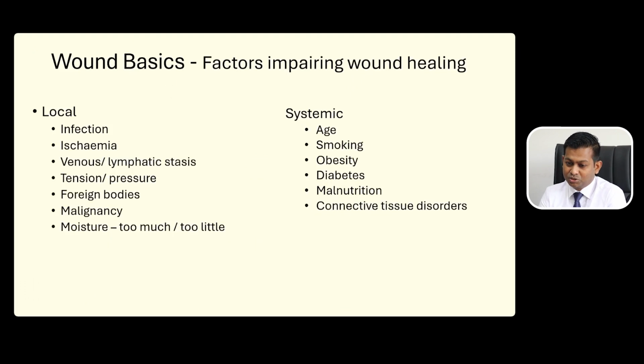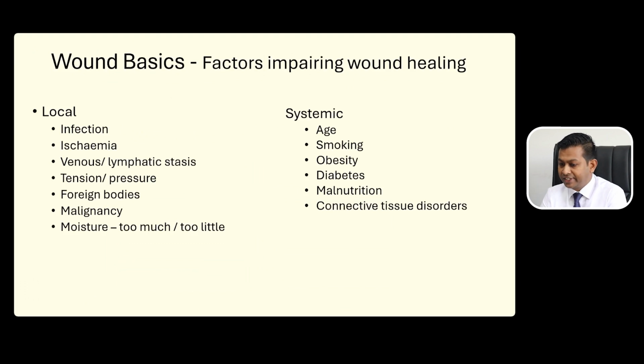Okay, so this is why we are here. If everything goes perfectly, if the wounds heal perfectly, there's no need to bother about the wounds. But things do not go as we expect, and that's why we doctors or surgeons or general practitioners have to intervene. So this is where it can go wrong.